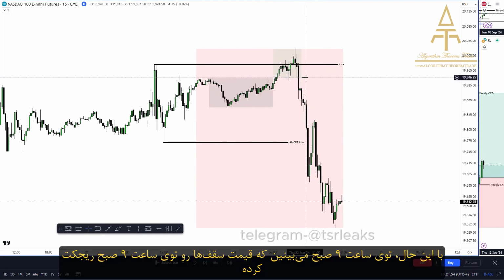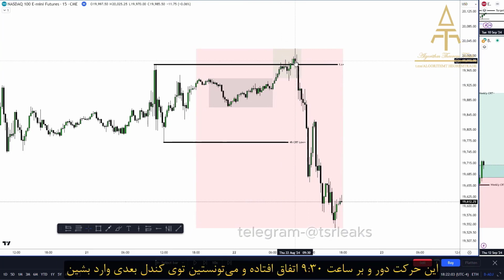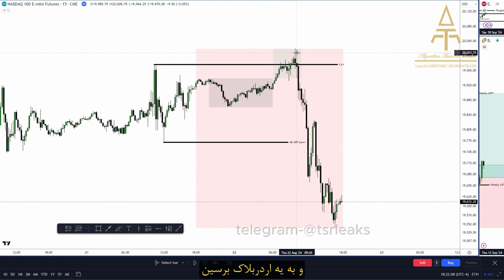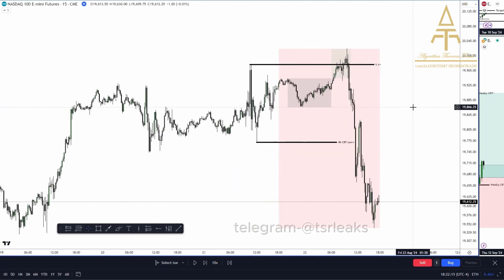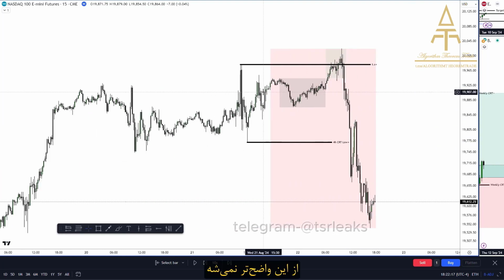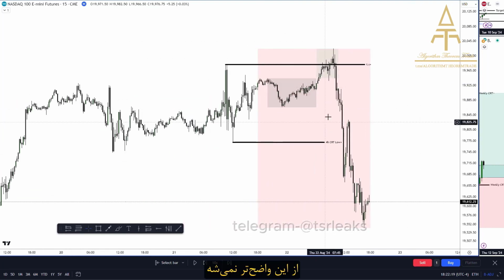However, looking at 9 a.m. here, you can see price rejected the highs during the 9 a.m. hour. This was actually 9:30. And you could have entered within the next candle, tapping into an order block. Very straightforward. It does not get any clearer than this.